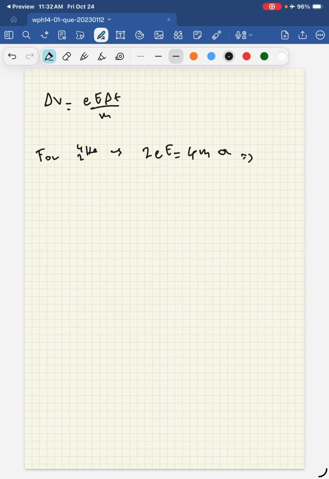Okay, so the acceleration for the helium-4 nucleus is e times E over 2m. So delta v prime, say, is going to be e times E times delta t prime over 2m.